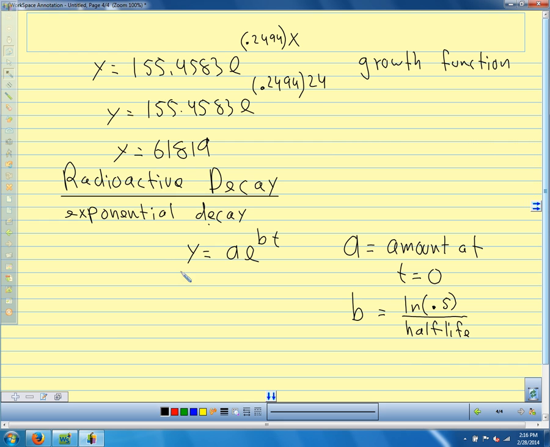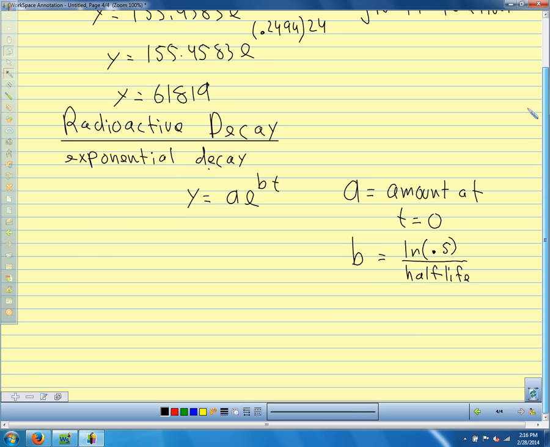So let's do a quick example using radioactive decay. So let's say we have radium 226. It has a half-life of 1,620 years. How much will we have if we start with 5 grams?